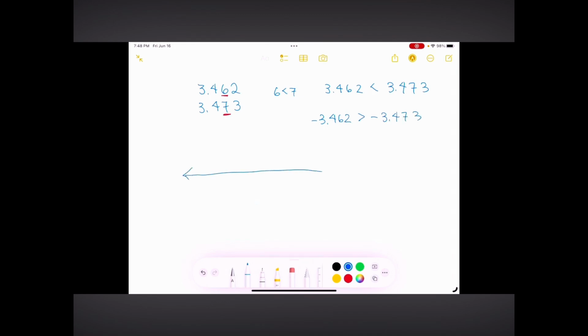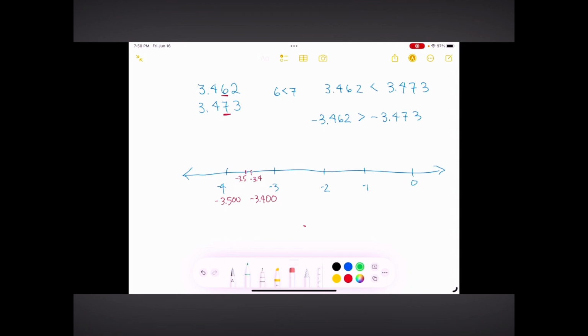If you look on the number line, you can see those two decimal values are between negative 3 and 4 tenths and negative 3 and 5 tenths, which can be rewritten as negative 3 and 400 thousandths and negative 3 and 500 thousandths.